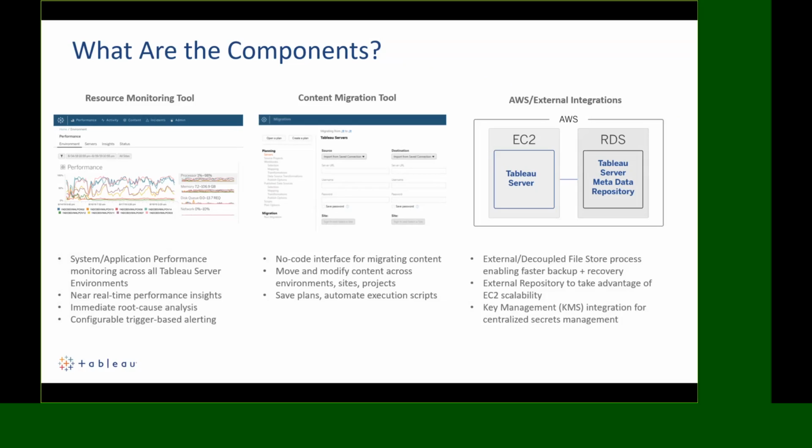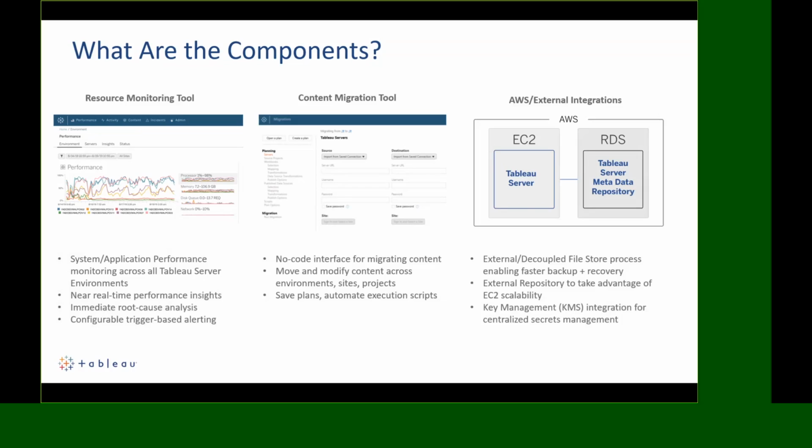Also, with encryption at rest for extracts within AWS, you can leverage KMS options for tighter security around those encrypted extracts. We're not going to get specifically into this particular aspect of server management today because A, there's really nothing hands-on to do with it, and B, not everyone leverages AWS within their server environment, so we want to focus on the other two components, which are the RMT and the CMT.